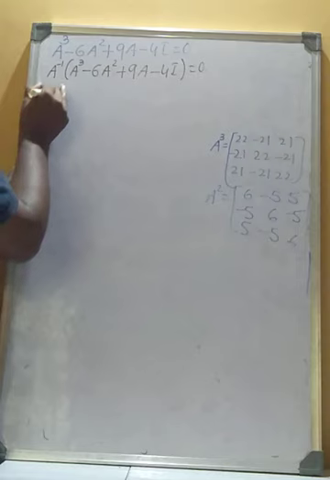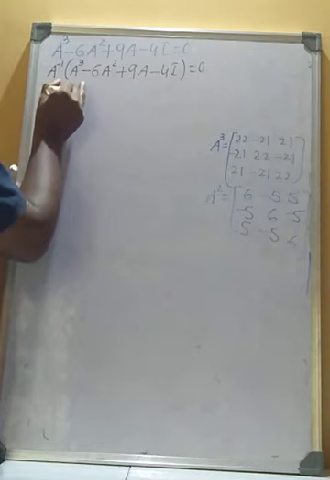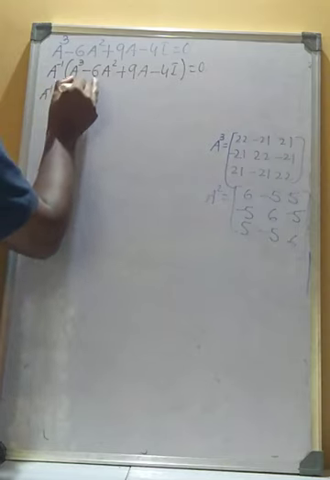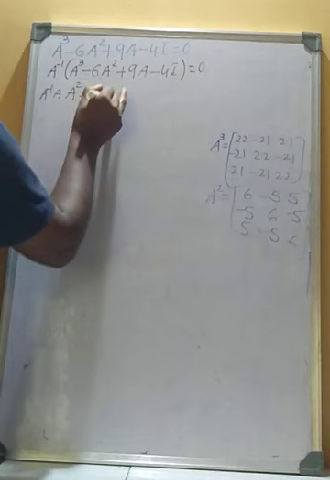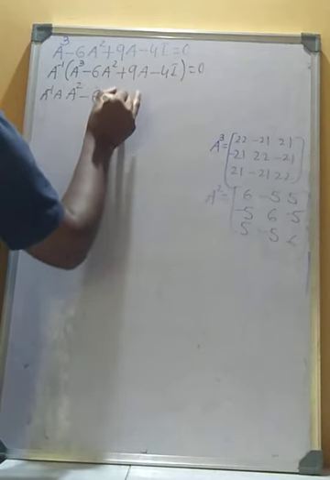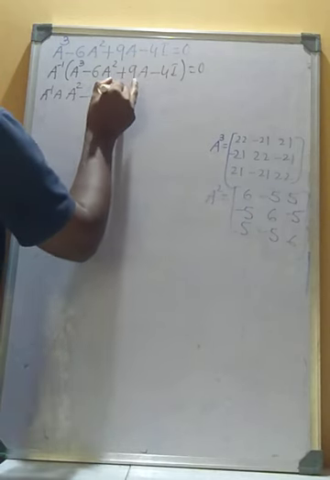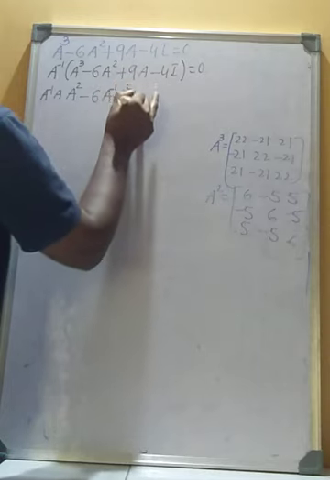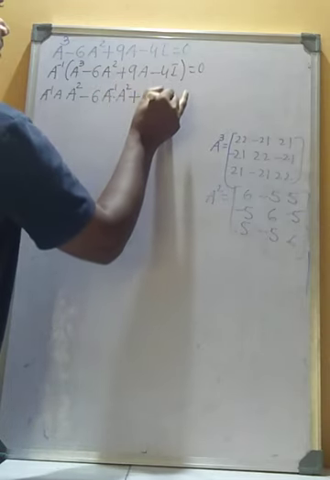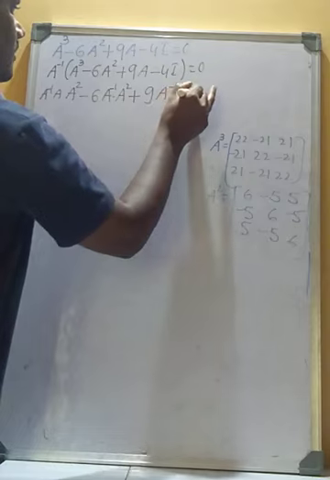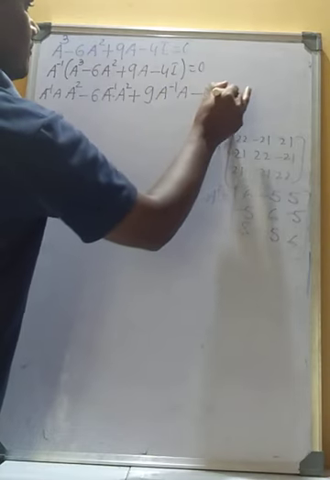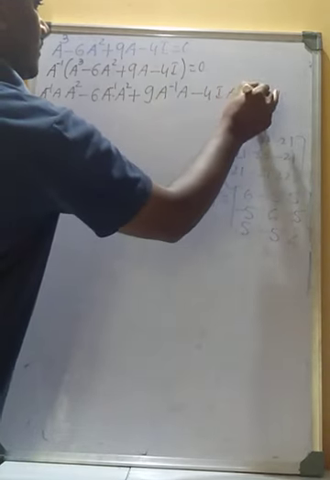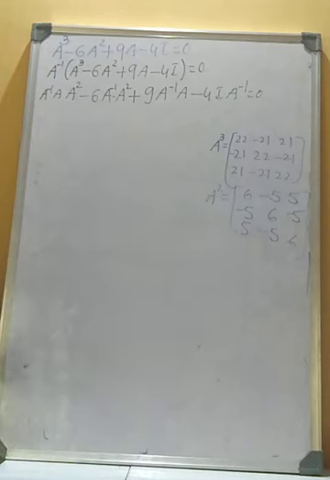A inverse into A cube gives A square, minus 6A into A inverse gives I into A, plus 9A inverse into A, minus 4I into A inverse, is equal to 0.